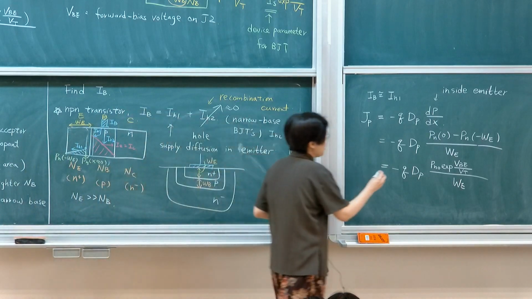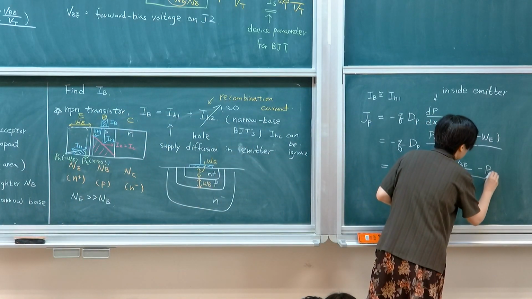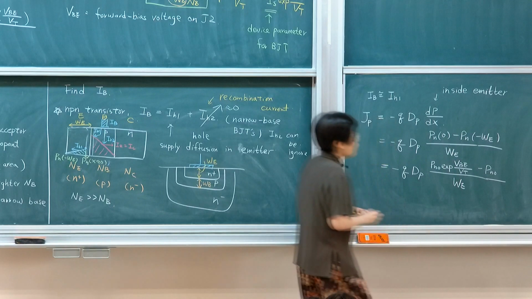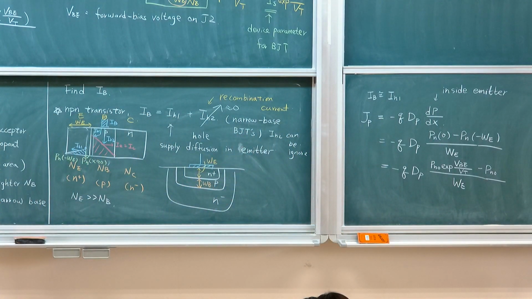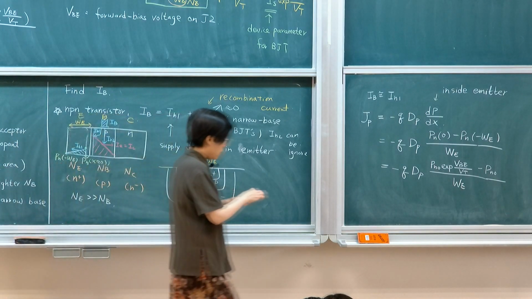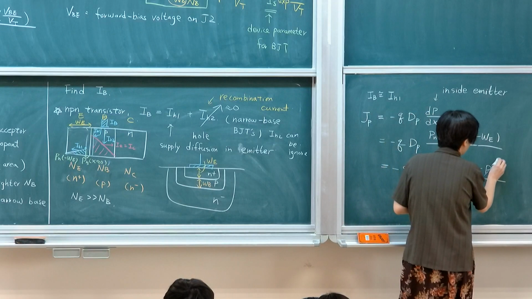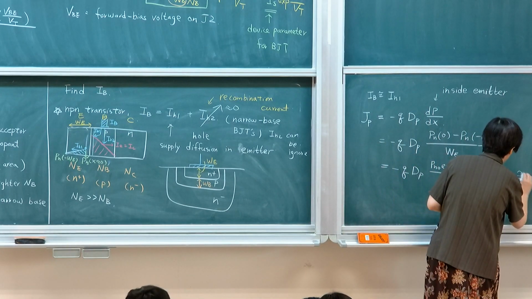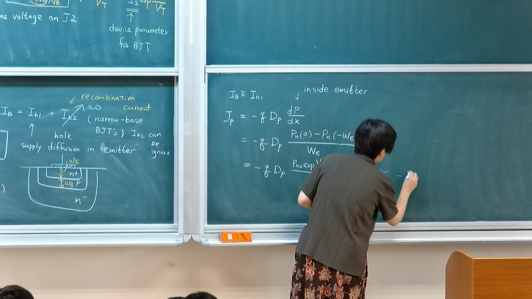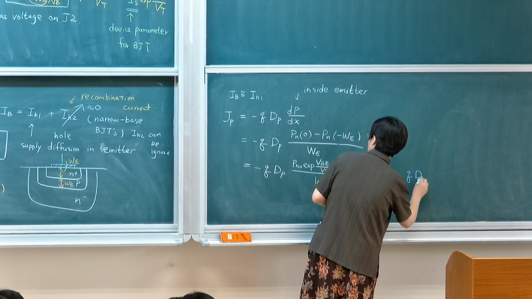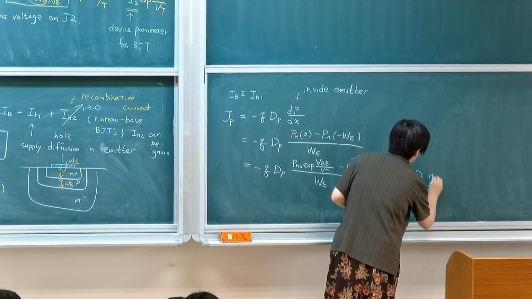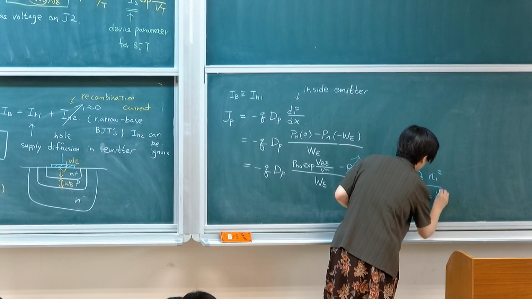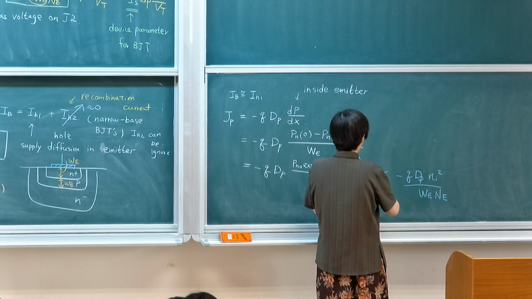So at this point, we're assuming that it's Pn0. There's all sorts of refinement, but it doesn't really affect our final results because we know that Pn0 is very low, so you could simply ignore that. So we simply ignore this for this calculation, and this will be approximately minus Q dP over WE, Ni squared over Ne. Let me write it down.